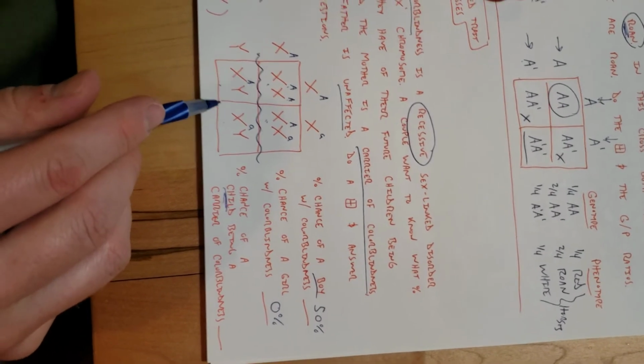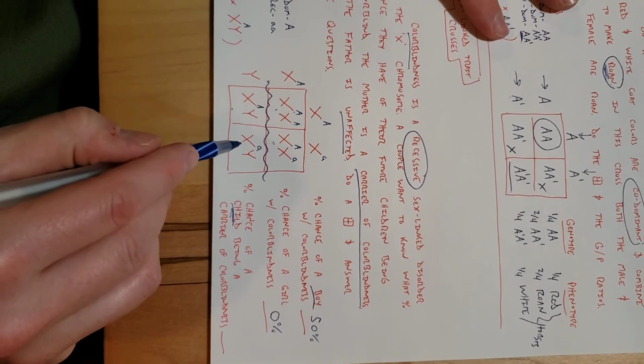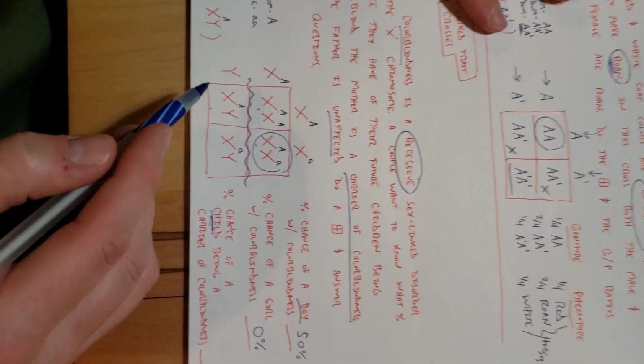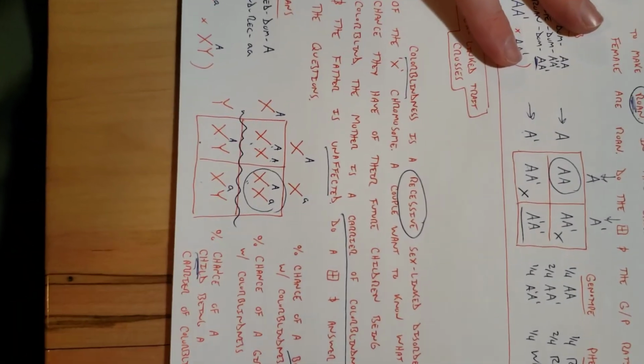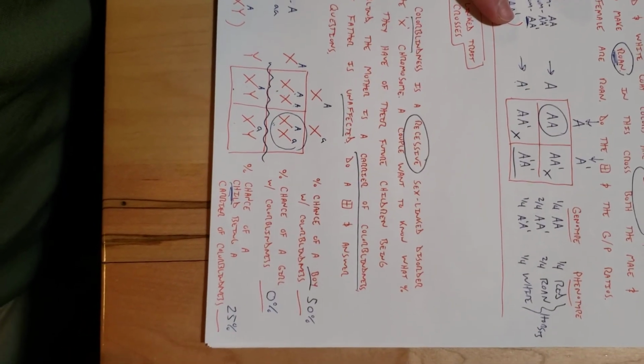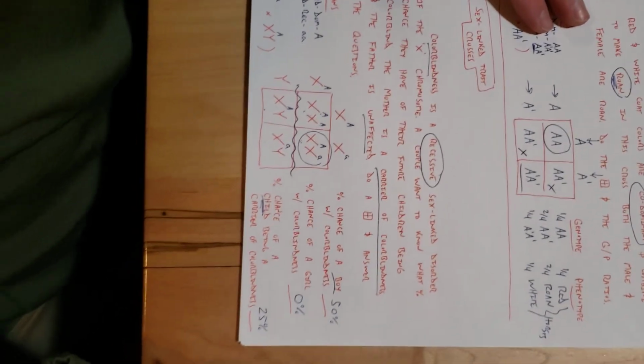So for the percentage chance of a child being a carrier, this one's not a carrier. Boys can't be carriers, but that one is a carrier, having the dominant and the recessive trait. So the percentage chance of a child being a carrier of color blindness would be 25%. And so that's how you do a sex-linked trait cross.